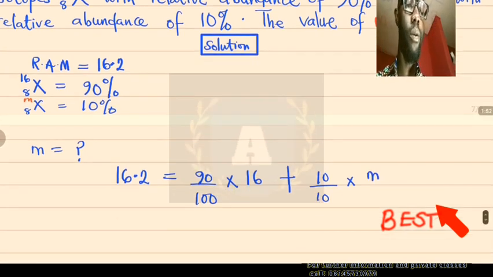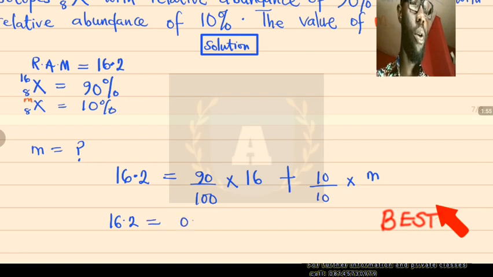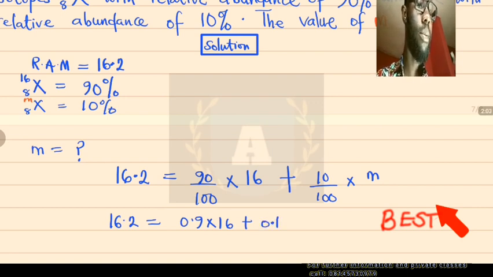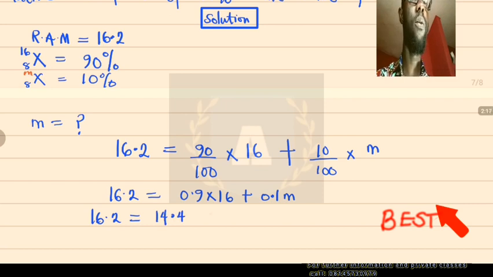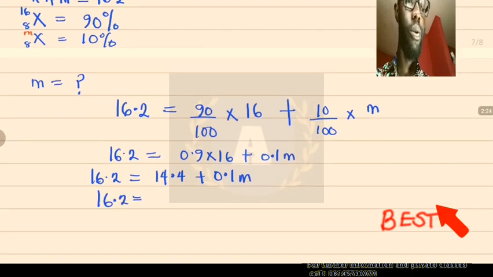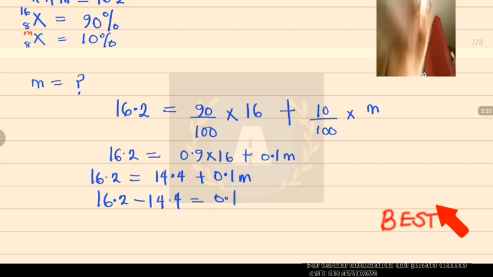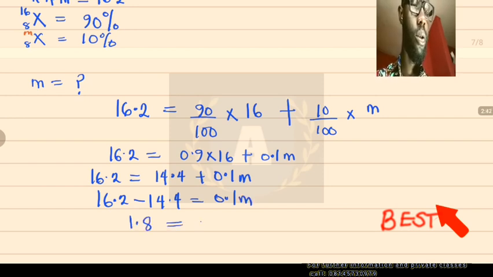So we have 16.2 equal to 0.9 multiplied by 16 plus 0.1 multiplied by M. So now 0.9 multiplied by 16 gave us 14.4, plus 0.1M. Now we collect like terms: 16.2 minus 14.4, that is 1.8, equals 0.1M.